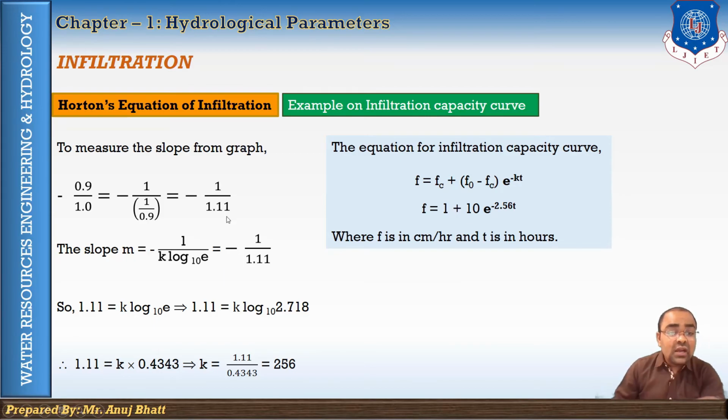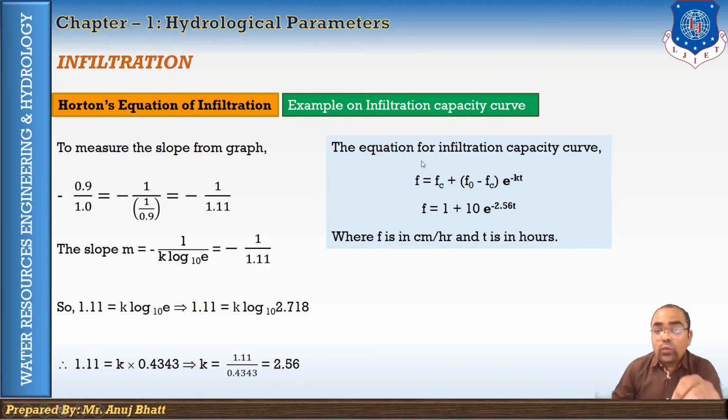If we compare this slope value with our slope, m equal to minus 1 upon k log e, we can equate both terms, so k log e is equal to 1.11. The value of e is 2.718, and log of 2.718 is 0.4343. If we simplify, the value of k would be 2.56.